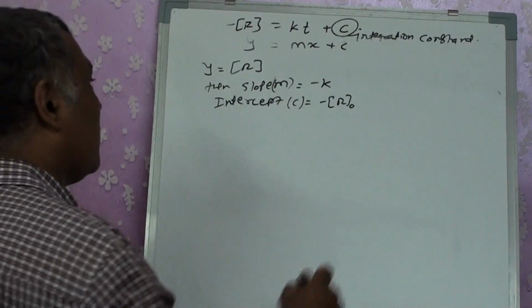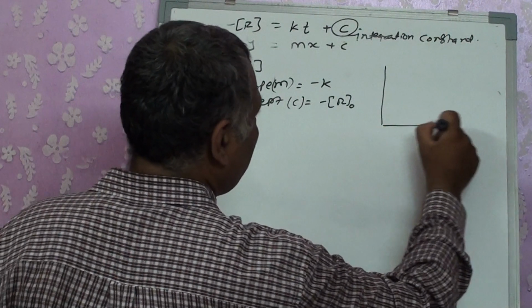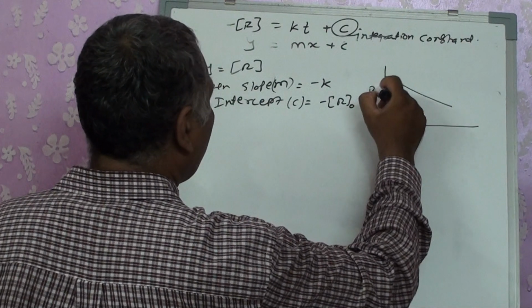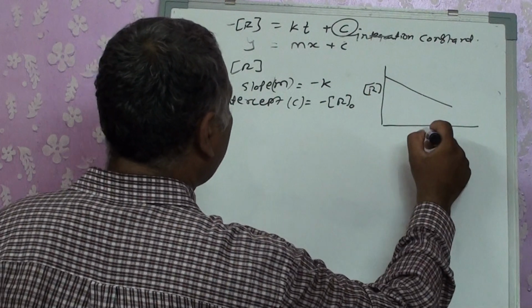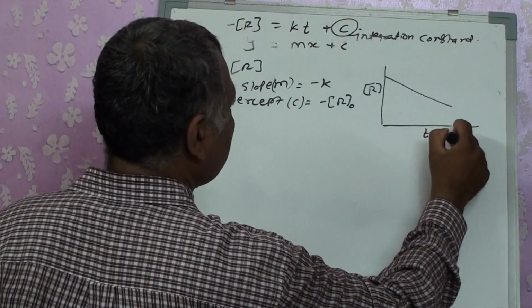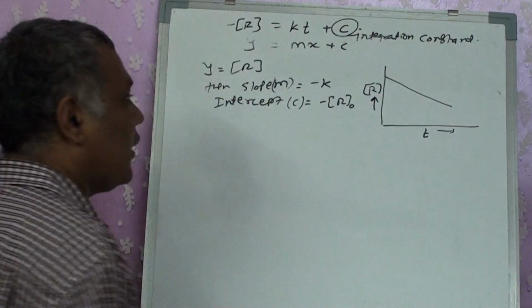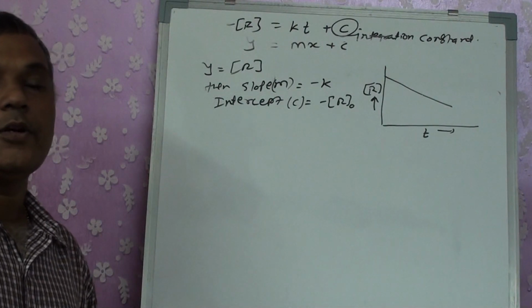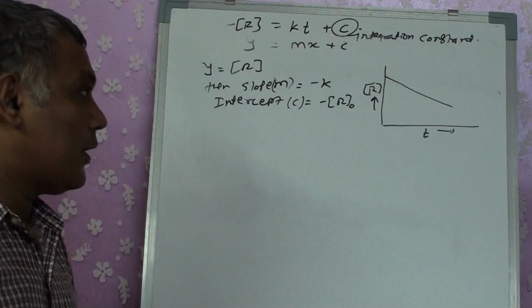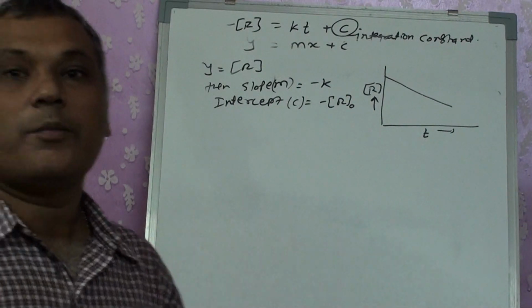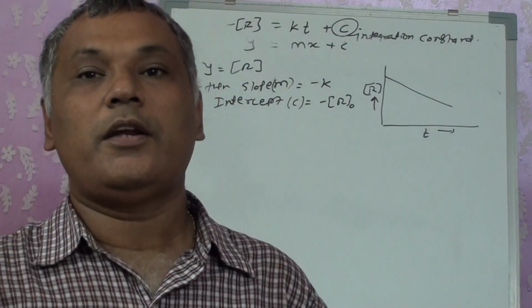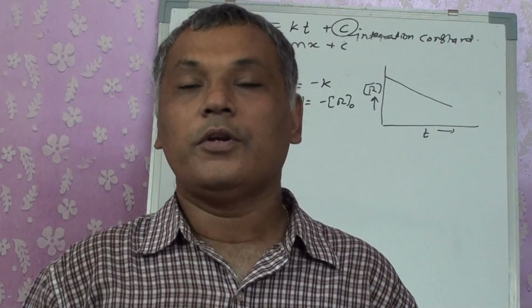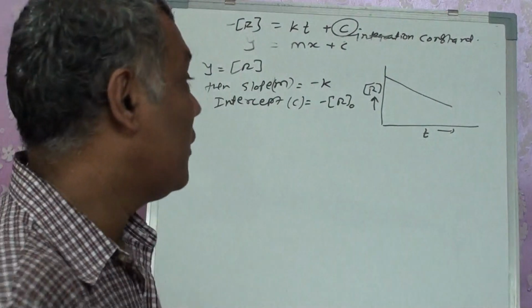That means if I plot a graph, I am going to get a negative slope for the concentration of R against t, time. Make sure you don't make an error in this graph, because every time we will get different graphs, and by using the graphs the order of the reaction can be asked, right? The unit of the rate constant may be asked to you, right.